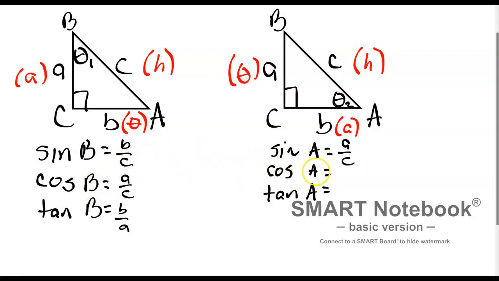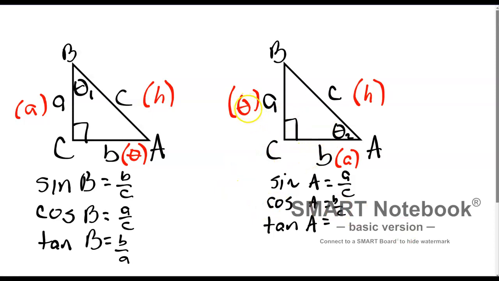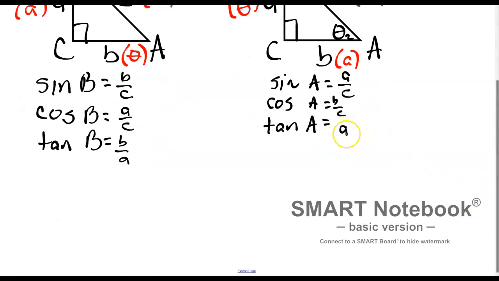For cosine, adjacent over hypotenuse, so B over C. Notice there is a difference, and there should be. And lastly, tangent is opposite over adjacent, so A over B.